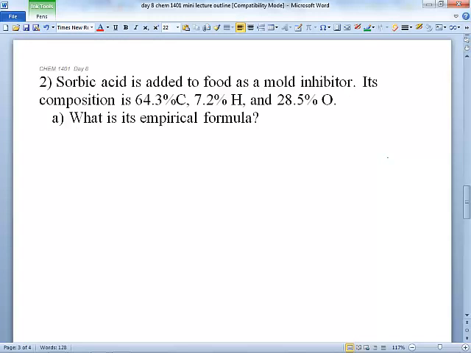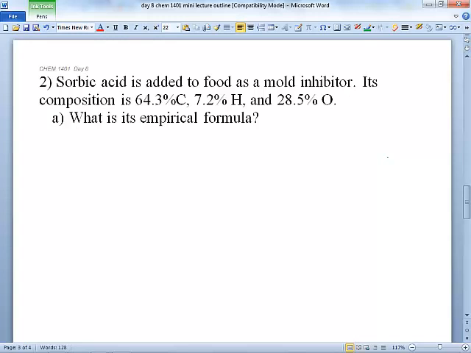There is no cheating. Right. And now you just got to convert every one of these to moles. So look up the carbon.